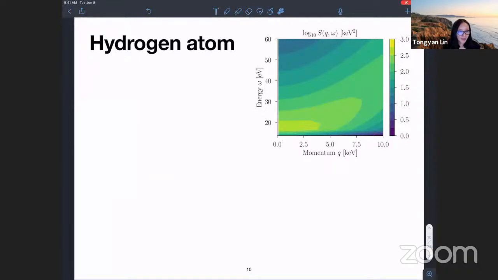All right, so to make this a little bit more concrete, I like to use the example of the hydrogen atom, just as a case where you can compute things without having to go into all the band structure I've been talking about. To remind you, the thing that we care about, this dynamic structure factor, let's write it again.